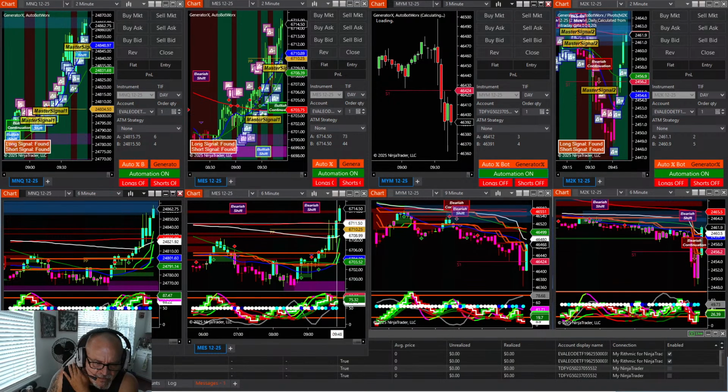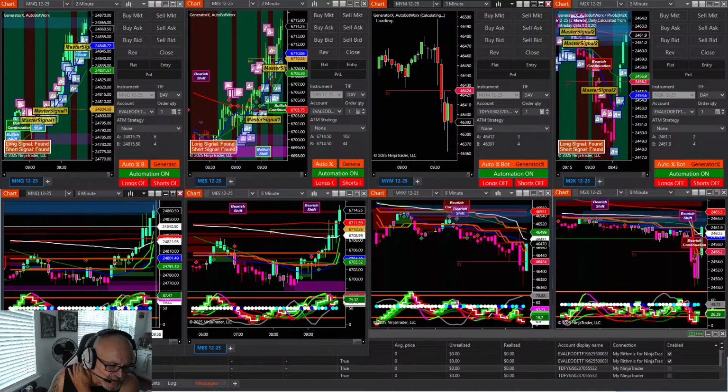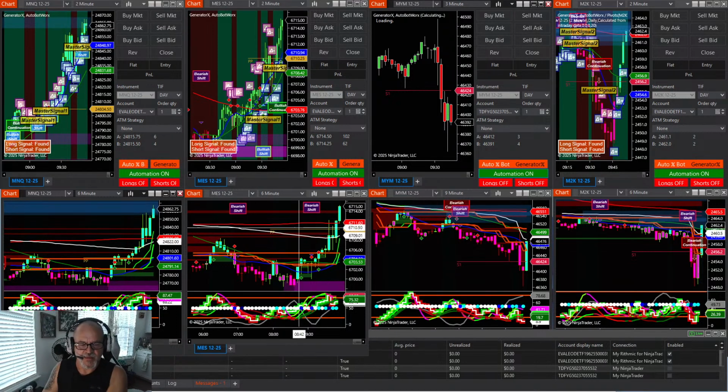We may very well fair value gap through the 200 on the ES. And this would also be, if we close higher, the first fair value gap made on NQ from the open, higher time frame. So showing a little bit of strength in the markets.